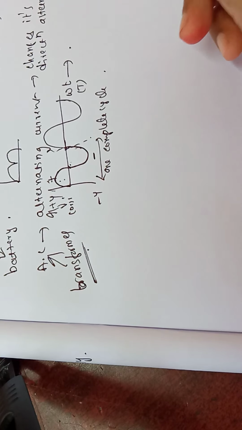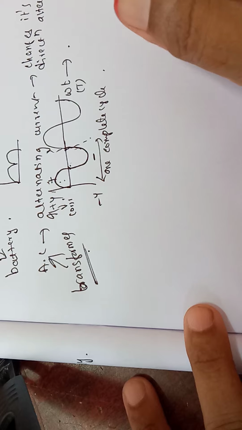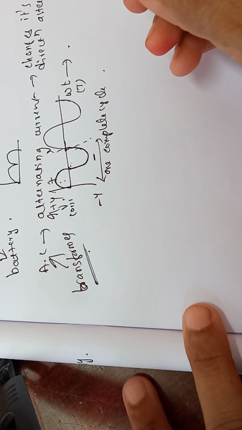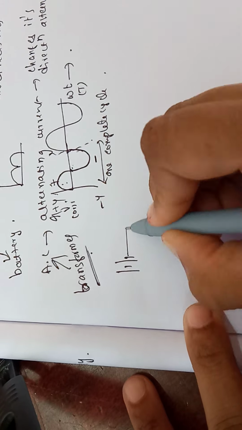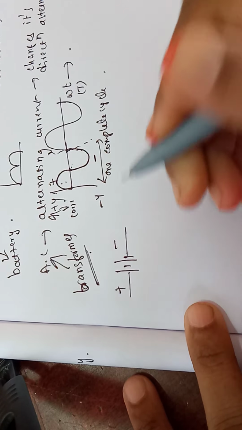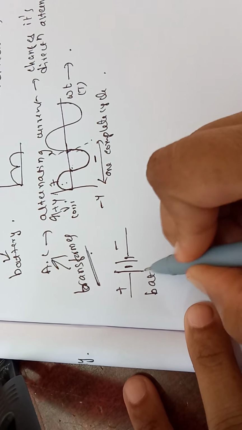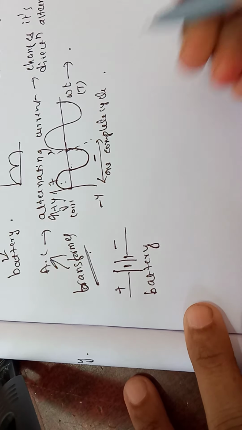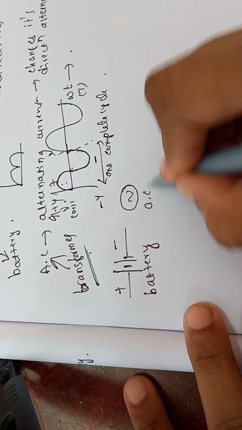Now let us see some of the symbolic representations. One is the battery, with a positive line and a negative line. This is the symbol of AC.